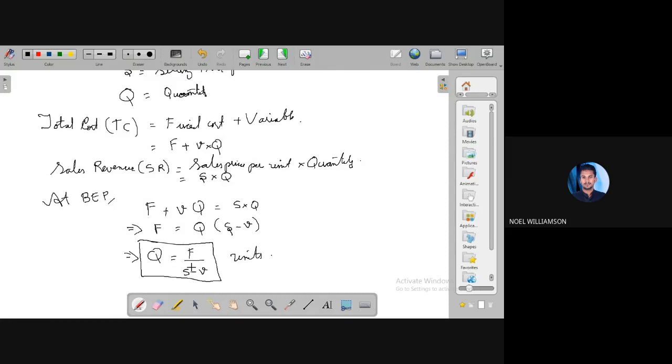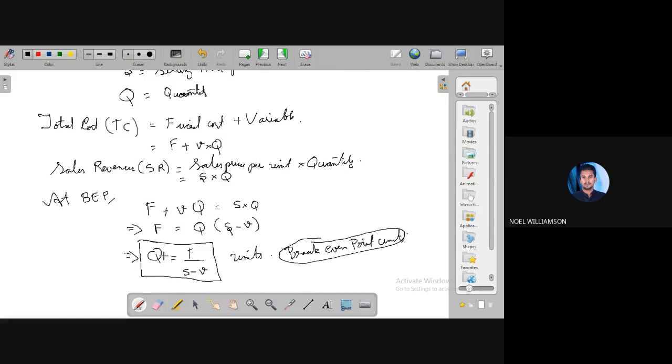Q is the break-even point. Break-even point units. That is, at least this much unit of products should be produced. Otherwise there will be some loss.